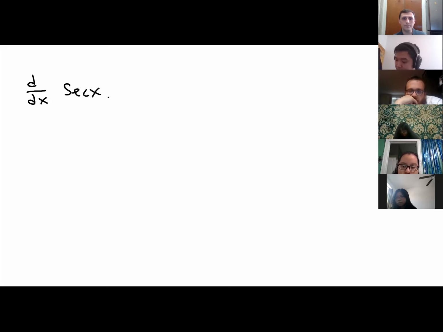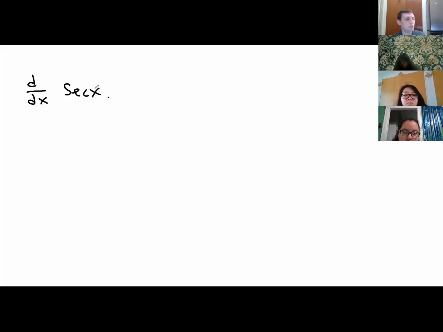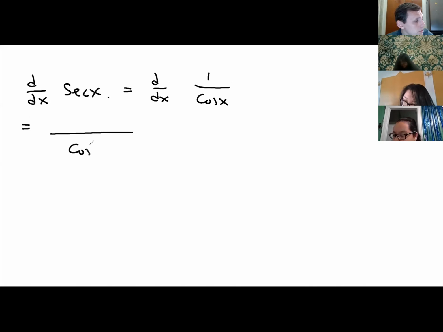David, wonderful. So let's see quickly how we take the derivative. It's the derivative of 1 over cosine x. And what is that? We can apply the quotient rule. We can say this is cosine squared x in the denominator.